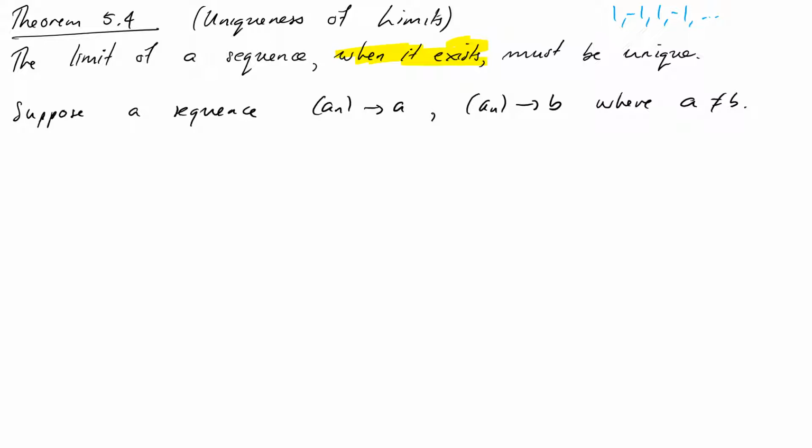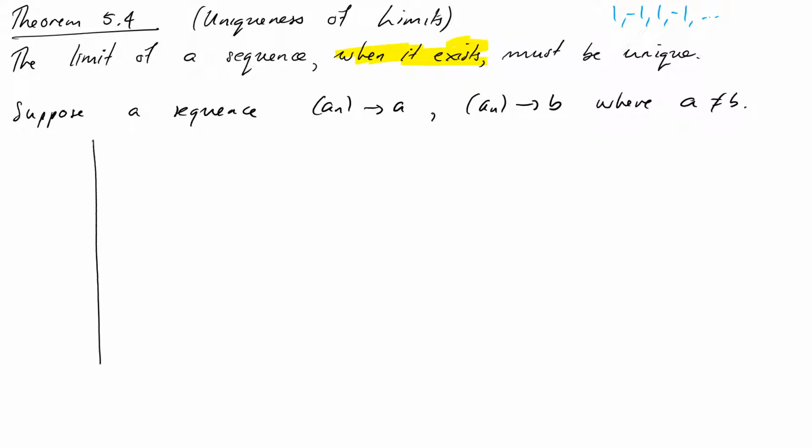Seems like a really weird thing to say because we're so used to talking about the limit of something that to consider the fact that there could be two just seems like a really bizarre thing to try and do. But remember, we've defined convergence to mean a very specific thing. We've set up a definition and we need to verify that the way we've defined it means that we can't accidentally get two different limits just because of some weirdness about how we've defined our convergence.